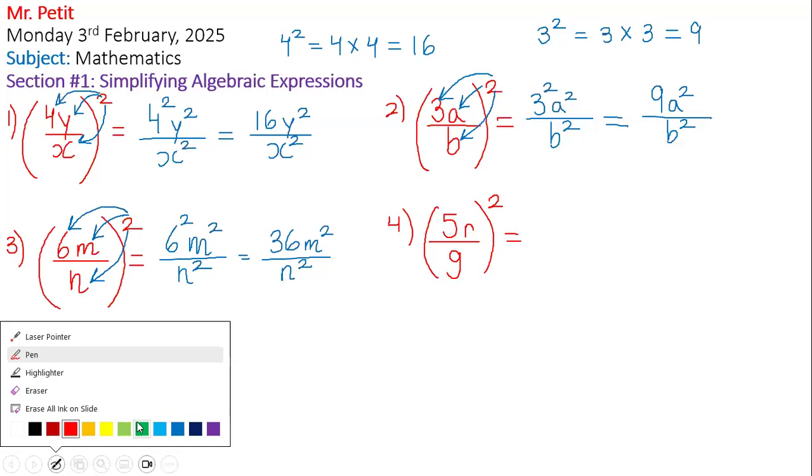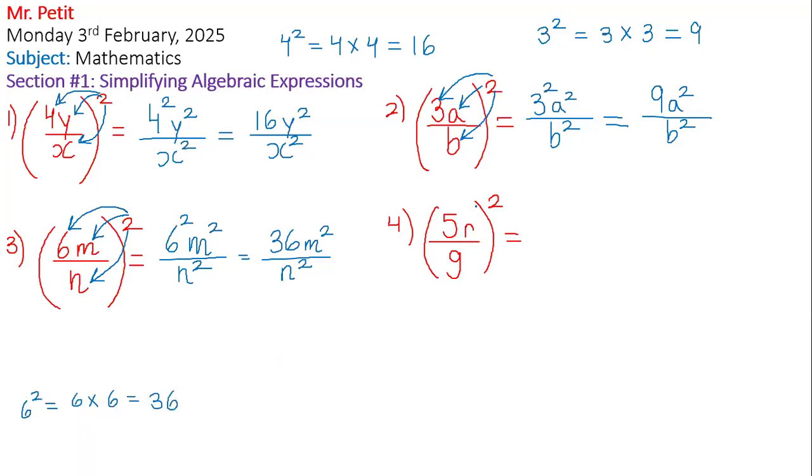We're going to square 5, square R, and square G. So the answer is 5 squared, R squared, all over G squared.